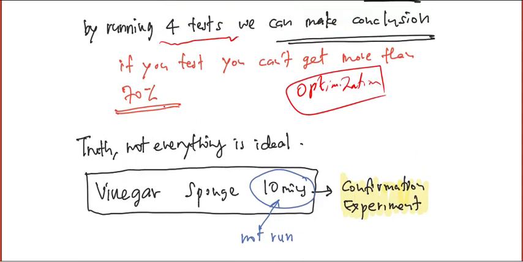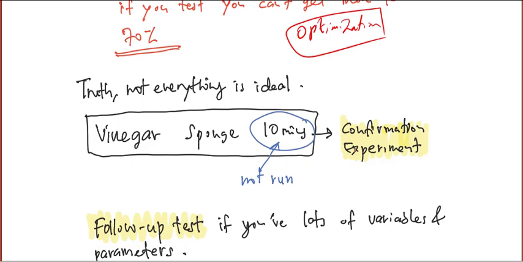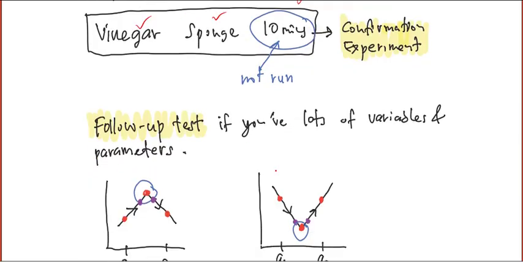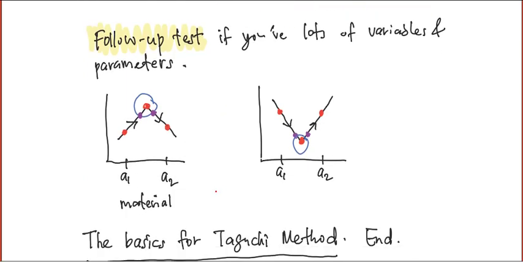Sometimes everything is not ideal. For example, if we cannot get 70%, which if you remember we had in our result, then we need to run a confirmation experiment as well to check what the real result is for this experiment. Vinegar, sponge for 10 minutes, or even other times to check our results. We can check the cleaning with other materials, we can check at other times, and so on.